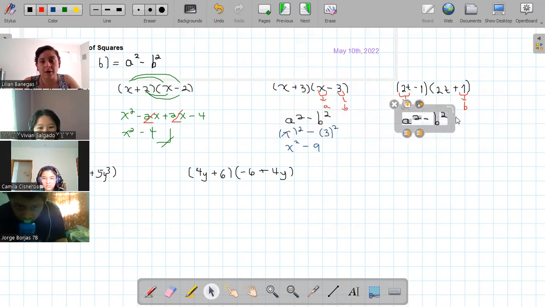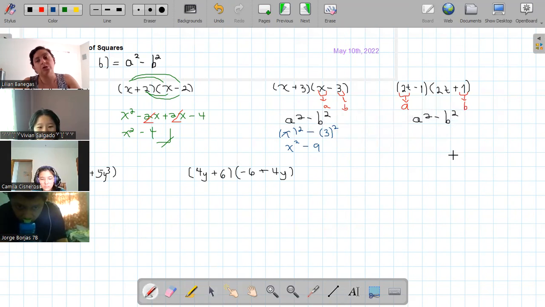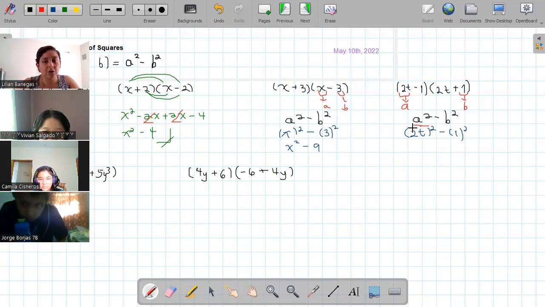So I'm copying my formula and now I'm going to substitute. Always inside a parenthesis, the 2t because that's A and it goes to the square, minus B, which is 1, and it goes to the square. Now, what should I do in this case to simplify? I need to do powers of powers, okay? So that's what I'm going to do. I'm going to solve that with the power of a power.